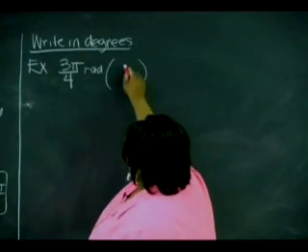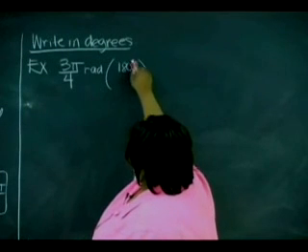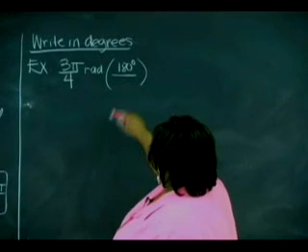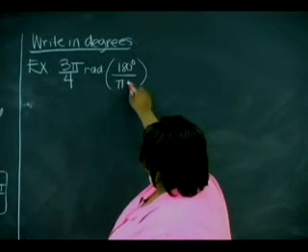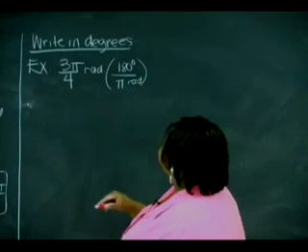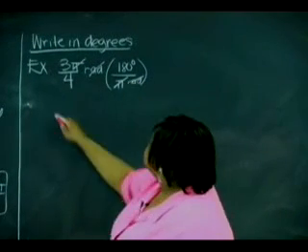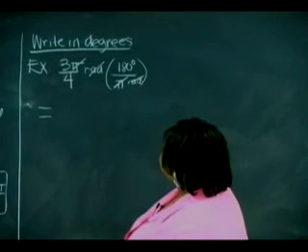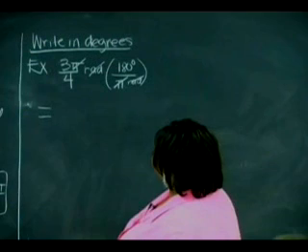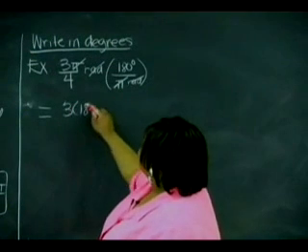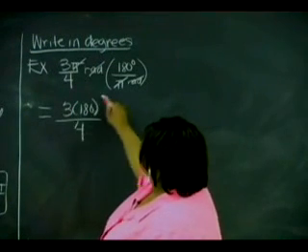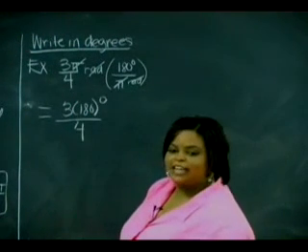We know we want the degree portion where? In the numerator. And the radian portion where? In the denominator. So my pi's cancel, my radians cancel, and what I have is 3 times 180 degrees over 4. Where's my calculator person?